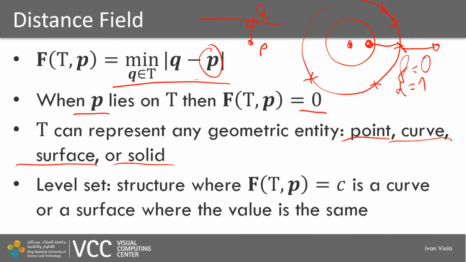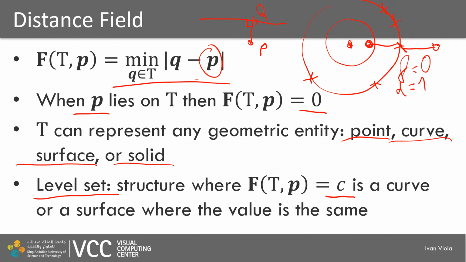And if we connect all points which have some particular distance c from a surface, we are creating, as I called it before, the isosurface, but this is also called a level set.